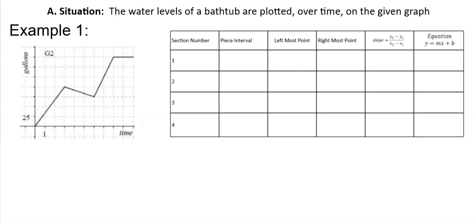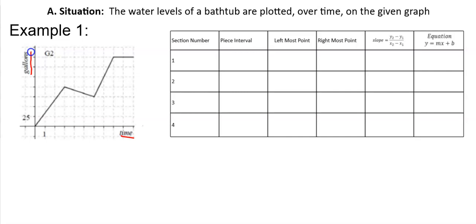So in this situation, we have a bathtub, water level in a bathtub over a given amount of time here. So if we look at our axes, we have gallons of water on the y-axis, and we have time on the x-axis. What I'm going to do is fill in a few more numbers.